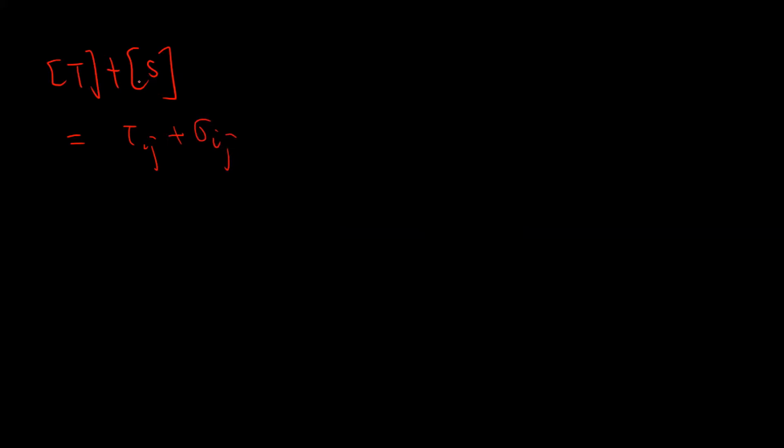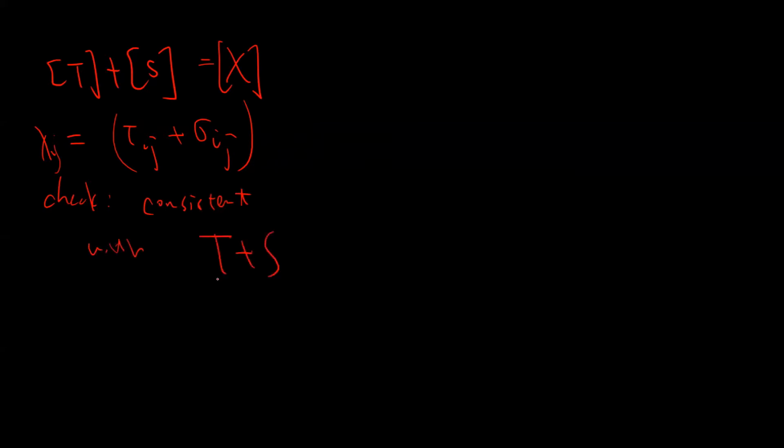So I just define T plus S, with each ij component, let's say X, so Xij is defined to be tau ij plus sigma ij. You can check that this is consistent with abstractly adding these two linear transformations and making it a matrix, right?